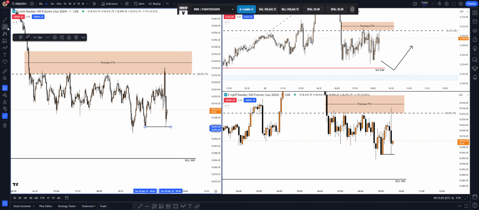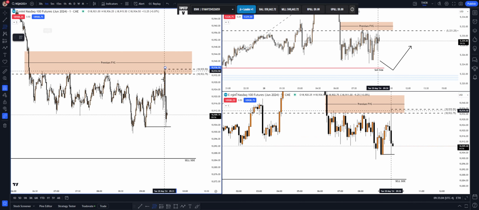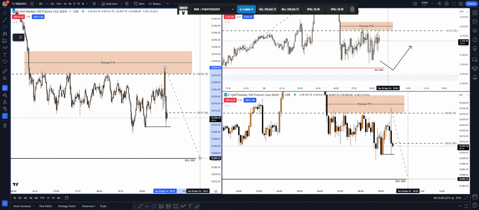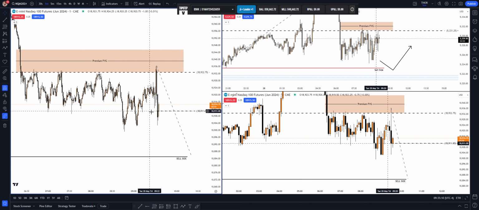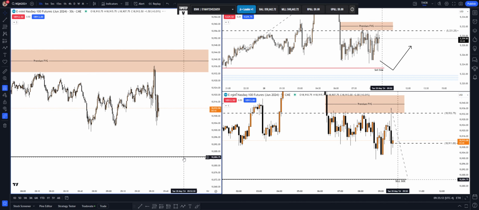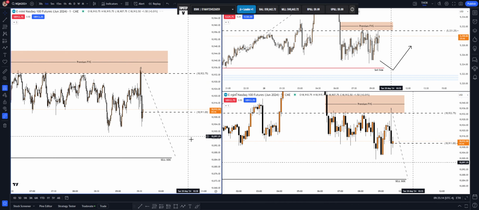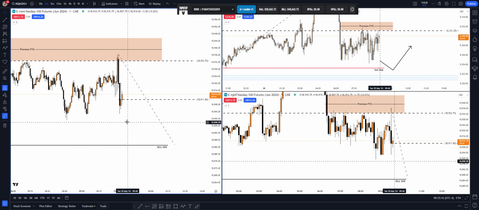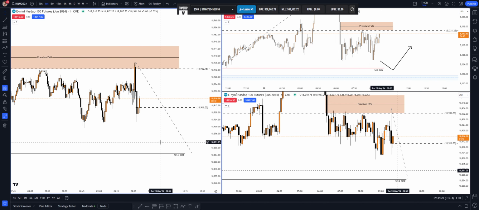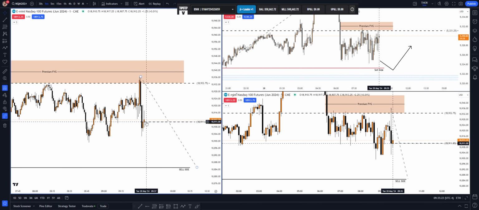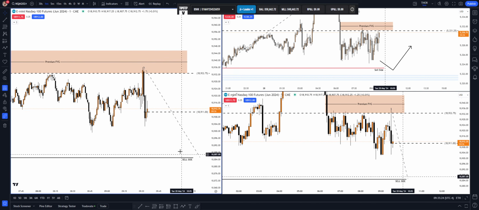What I want to do is look at this dealing range, EQ, and see how price acts around that level. So I think if this current 1-minute candle also closes below, it's going to be a fast delivery.